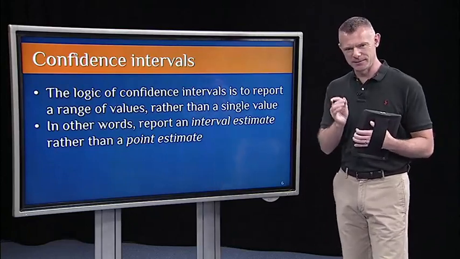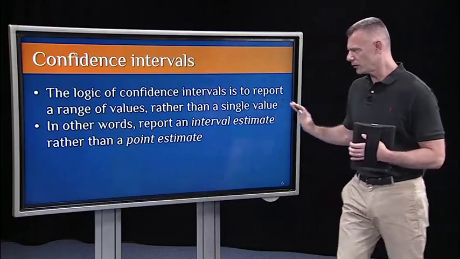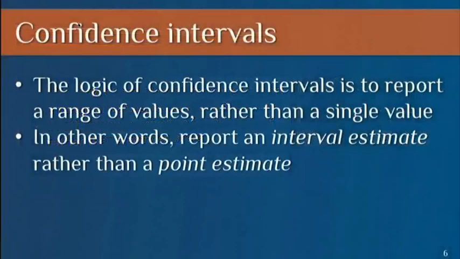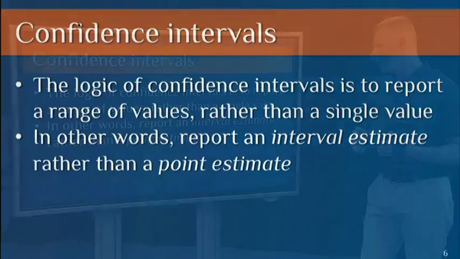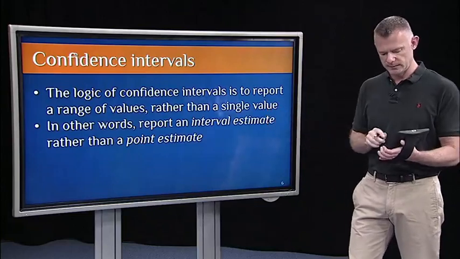The point estimates just seem more accurate, but that's an illusion. So again, the logic of the confidence intervals is to report a range of values rather than just a single value. So rather than just report the sample mean, report a possible range of values. And we'll call that an interval estimate rather than a point estimate.